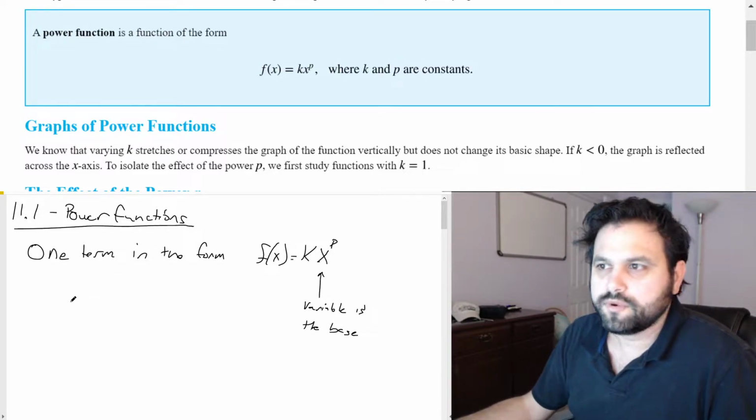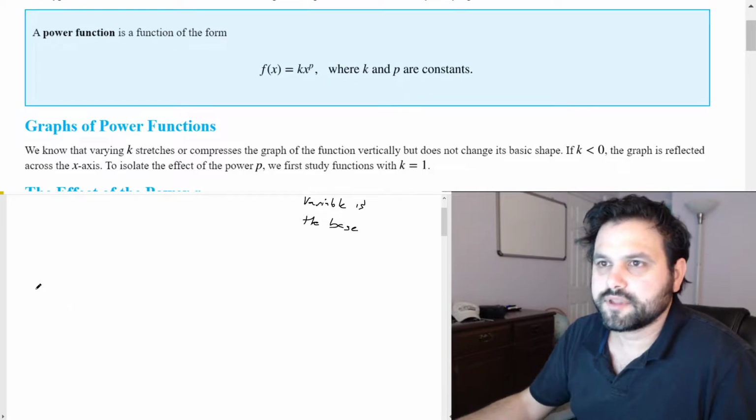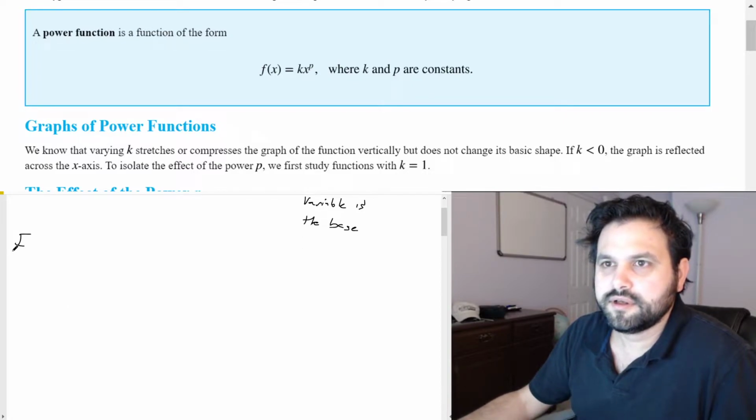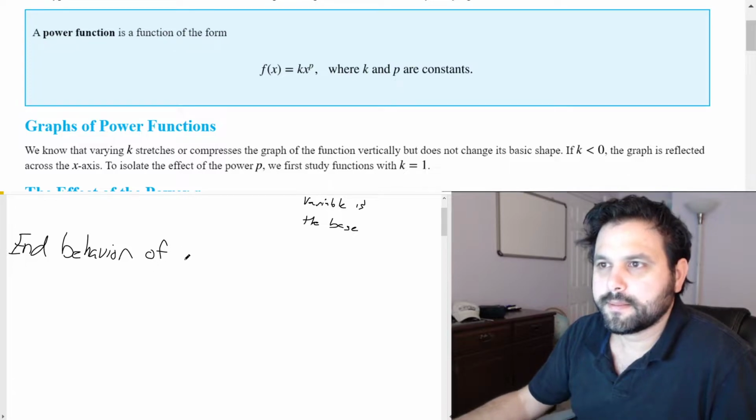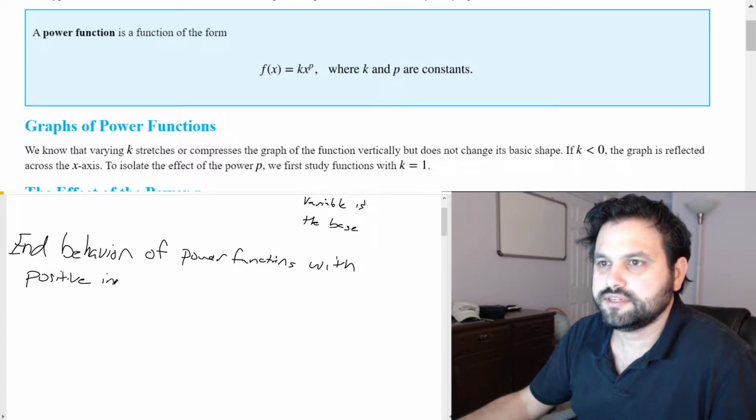So what we're going to talk about is the end behavior of power functions with positive integer exponents.